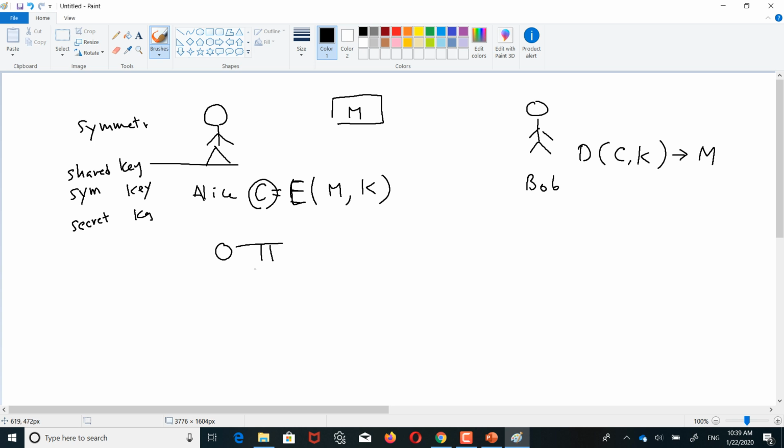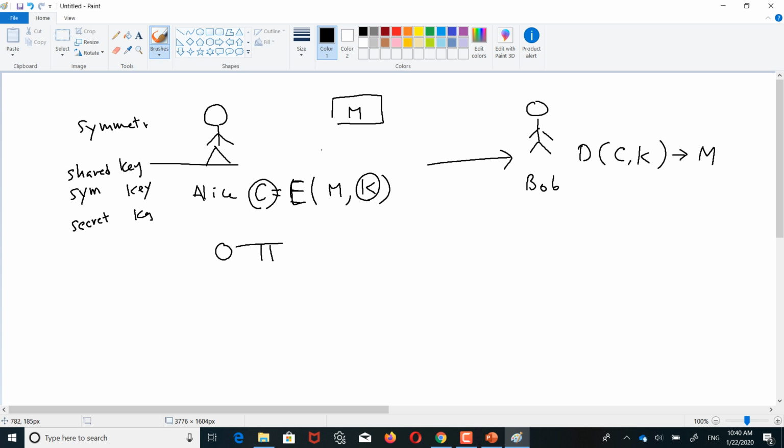The problem with symmetric encryption is sharing this key over an untrusted network such as the internet. For example, distributing this shared key to the receiver, in this example to Bob, is not an easy task, especially over an untrusted network such as the internet.